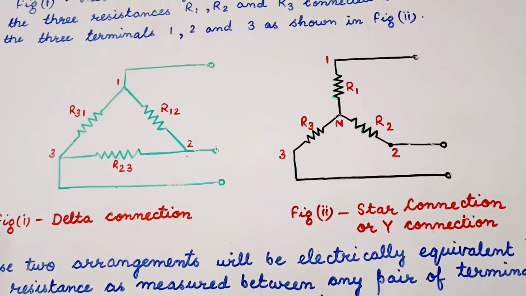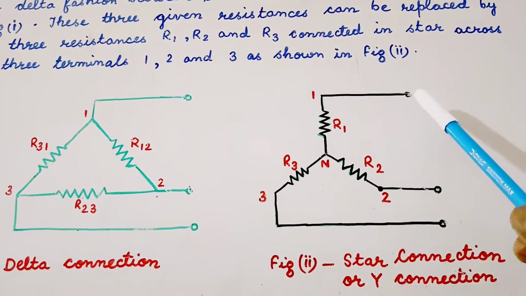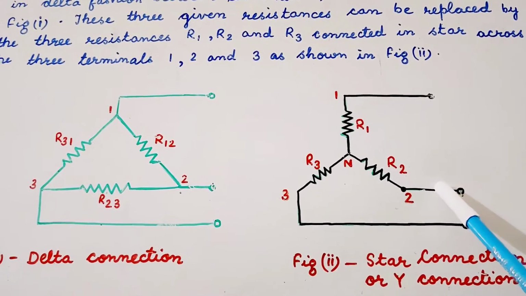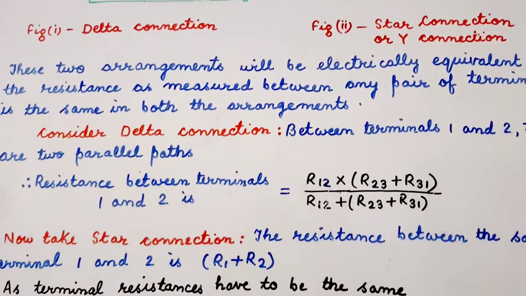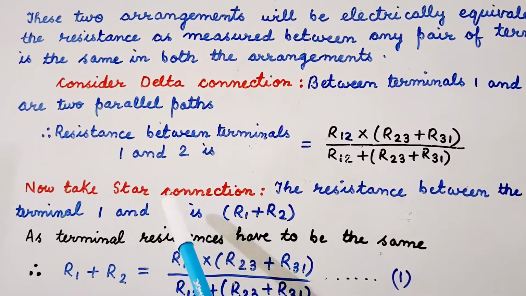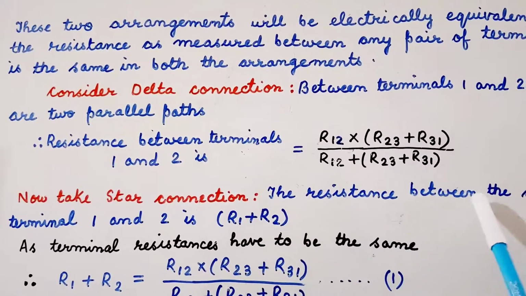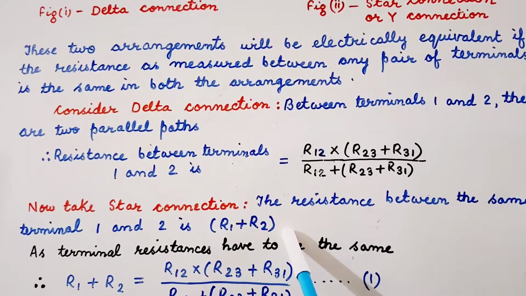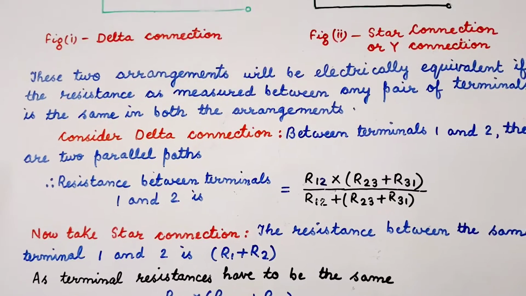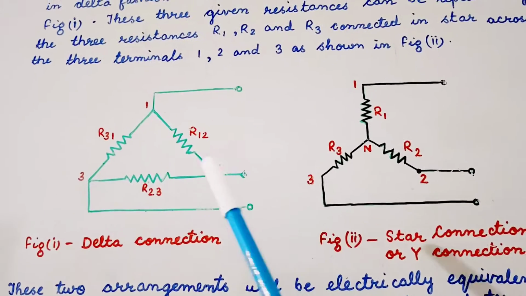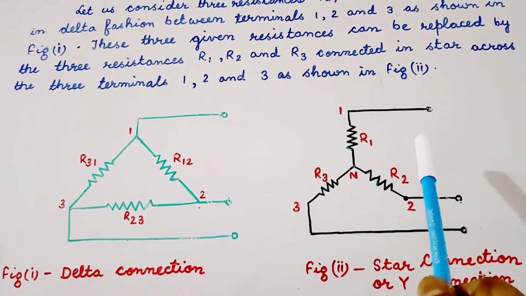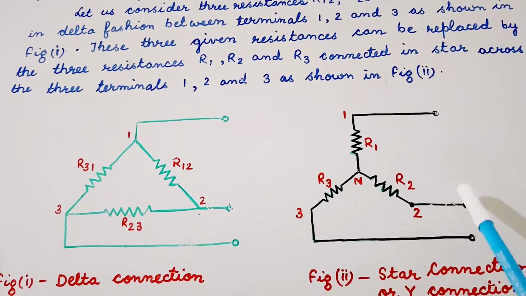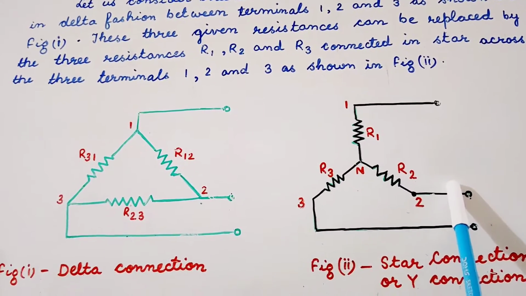Similarly, in case of star connection, the equivalent resistance between the terminals 1 and 2 will be equal to R1 plus R2. So we have written here that in star connection the resistance between the same two terminals, that is 1 and 2, will be R1 plus R2. Now if both the connections are equivalent to each other, it means that the resistance across the terminals should be the same in both the cases.